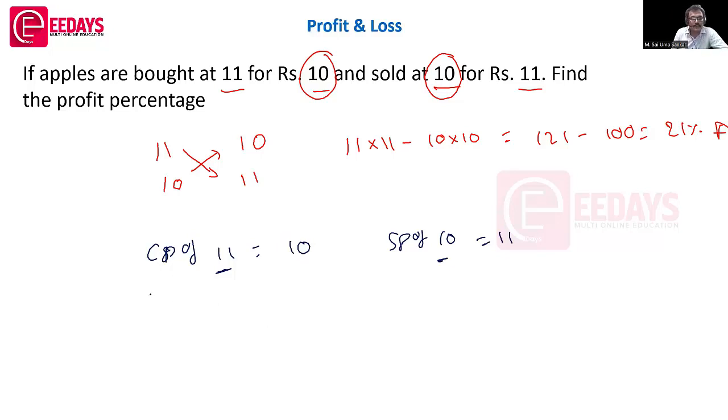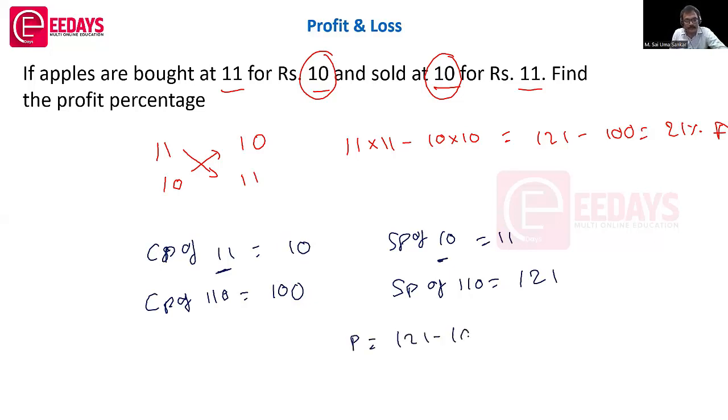So CP of 110 is equal to 10 into 10, that is 100. Now, what is the SP of 110? That is equal to 11 into 11, that is 121. Here cost price is 100, selling price is 121. The profit is 121 minus 100, that is 21.